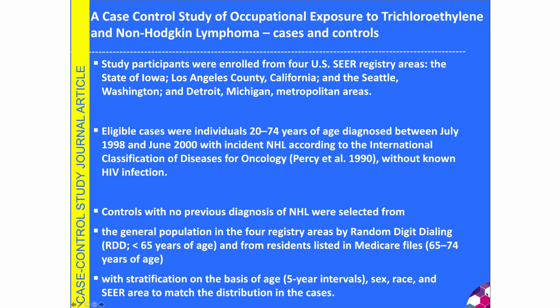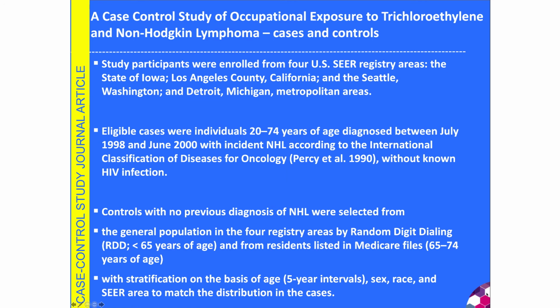Eligible cases were defined as 20 to 70 years of age, diagnosed between July 1998 and June 2000 with incident non-Hodgkin's lymphoma, according to the International Classification of Diseases for Oncology, without known HIV infection.